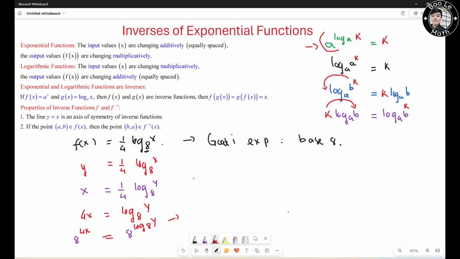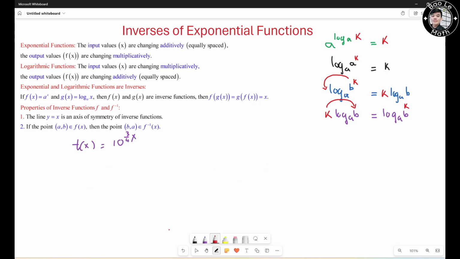So the left hand side should be 8 to the 4x, and the right hand side should be y. So I rewrite this as y equals 8 to the 4x. Then I replace y with f inverse of s equals 8 to the 4s, and that is the answer for this question.